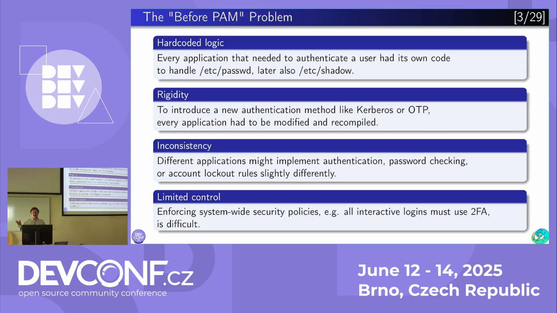You grab the password, hash it with a salt from a, well, it was not a shadow entry yet, from a password entry, and then decide whether it matches or not. So every application was doing this by itself, but because it was very simple and straightforward, it was not an issue. So later, etc shadow was introduced, and the process became a bit more complicated.